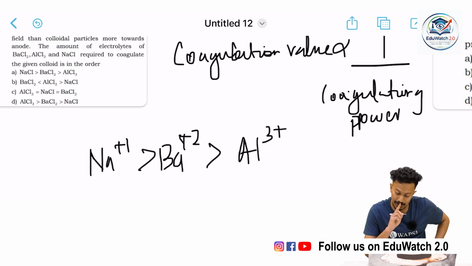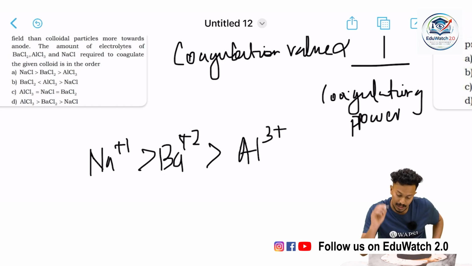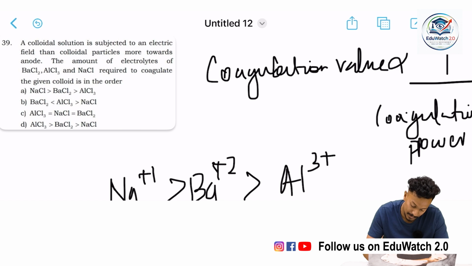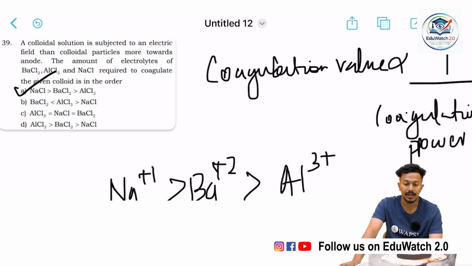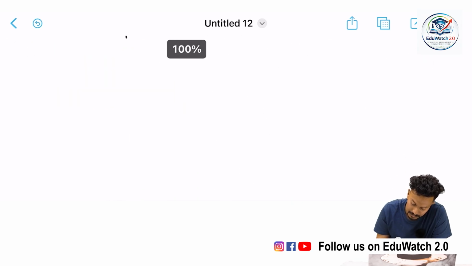So the correct option would be sodium chloride with the highest coagulation value, then barium, and then aluminum. So the option would be option number A. Am I right? Yes, that's the right answer. You have to prove that coagulation value is inversely proportional to coagulating power. Okay, moving on to our next question.